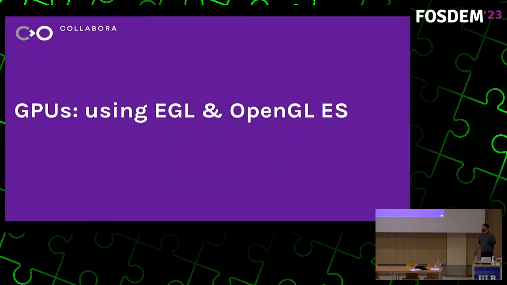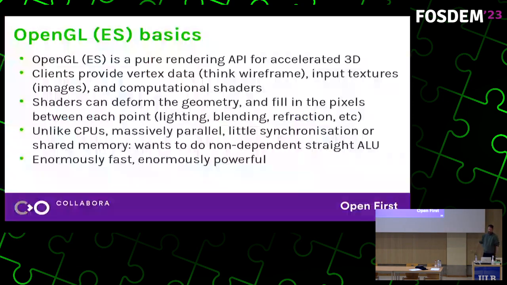Right, so now we've got all that out the way. I'm not going to try and explain GL to you, because we'd be here forever. But like I said, GL as a model for accelerated 3D is clients providing the vertex data, so your kind of wireframe geometry, your input textures, which are your images, and your shader programs to run to generate the final output.